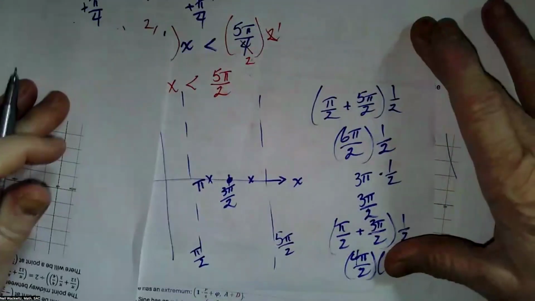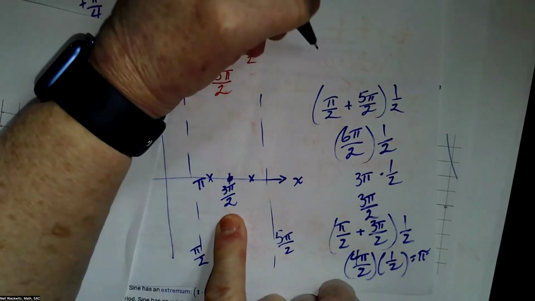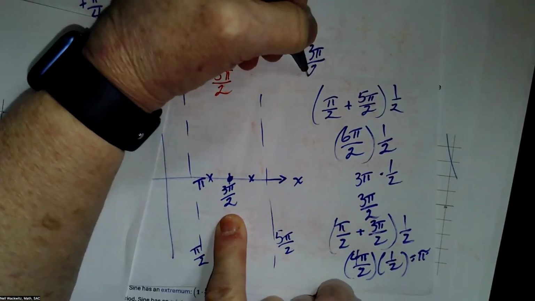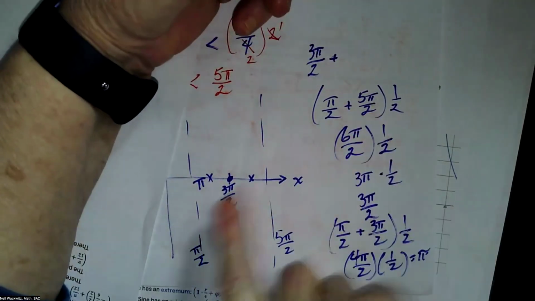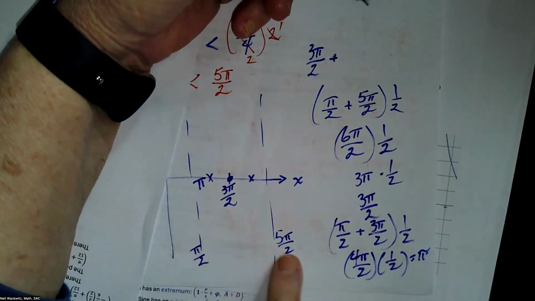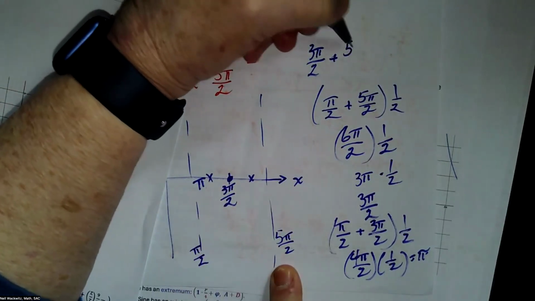So let's see. We've got 3 pi over 2. And we're trying to find the midpoint between 3 pi over 2 and 5 pi over 2.